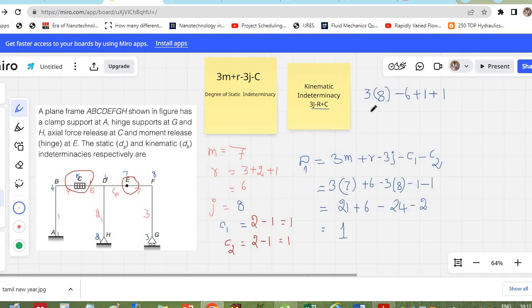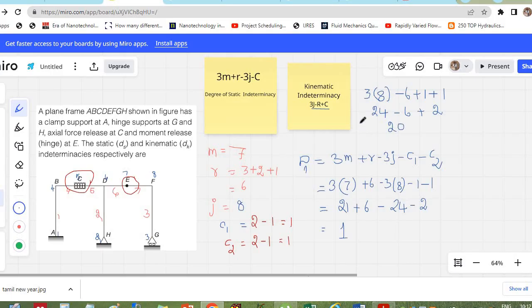So we have here 24 minus 6, that is the number of reactions, and you have here plus 2, so it is 26 minus 6, that is 20.